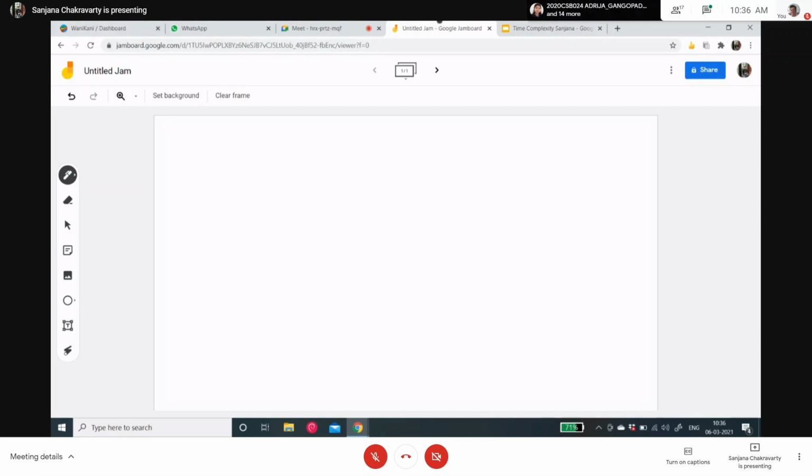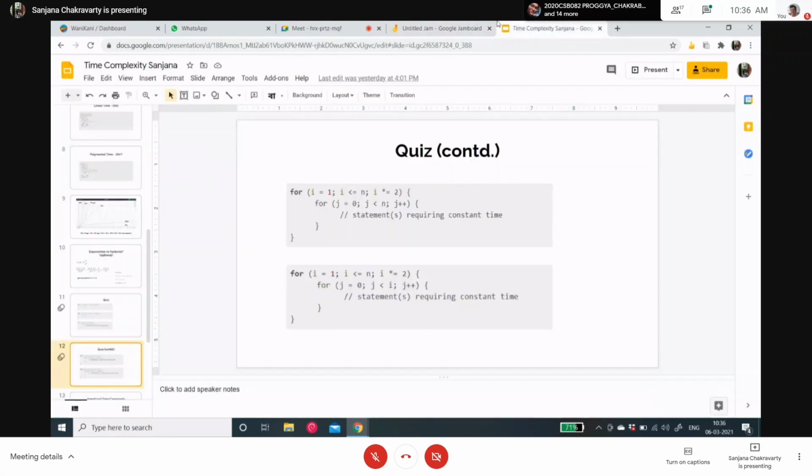So we have i, which goes from 1 till n, and it's multiplied by a factor of 2 with each iteration. Then you have j, which goes from 1 till i, and it's actually a simple plus plus operation.